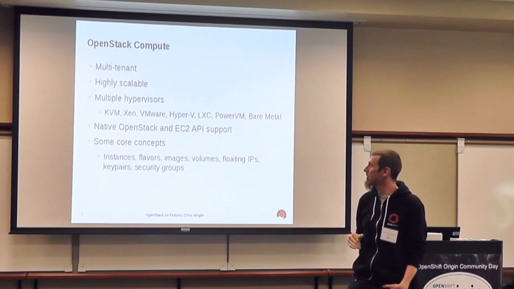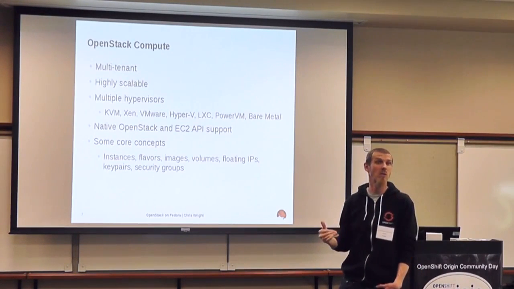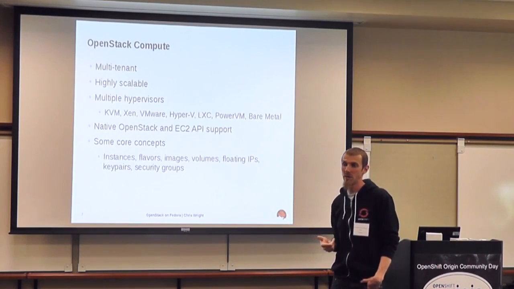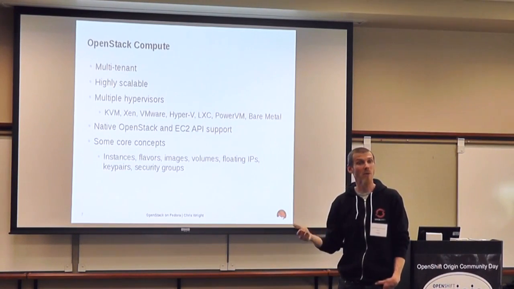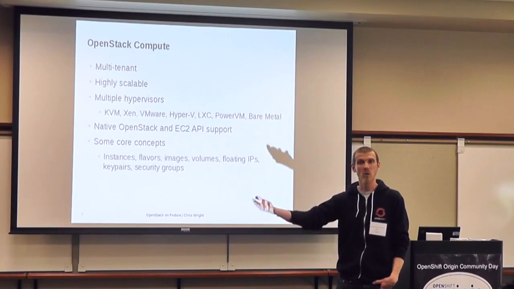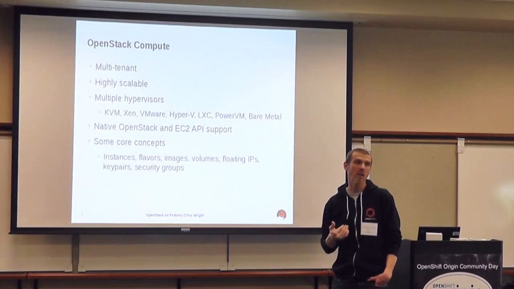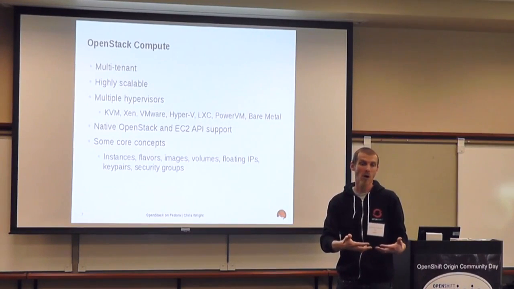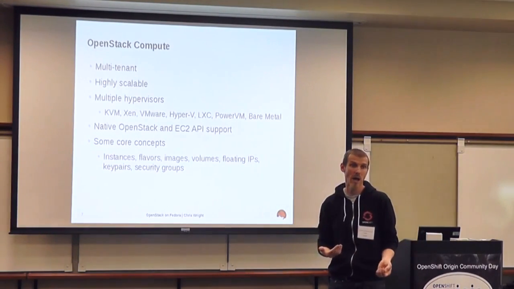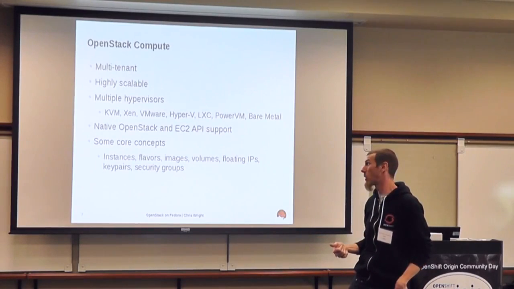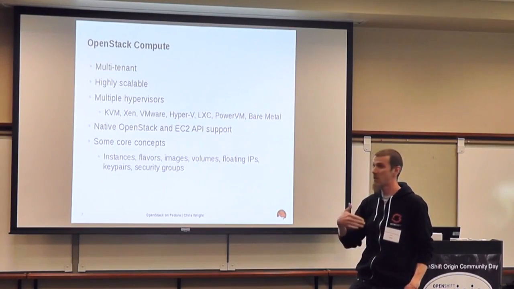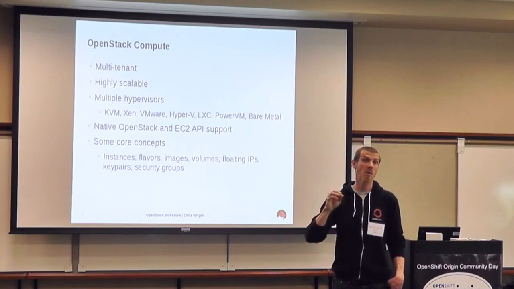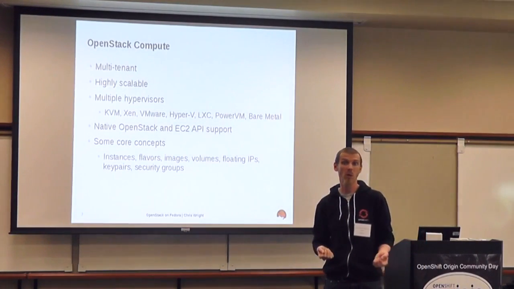Volumes, I mentioned earlier, are the block devices that can be associated with VMs and allow for persistent storage, because images are typically ephemeral. So you boot an image, you grab an image from an image repository, you run the image, and any modifications made to the image during runtime are lost as soon as that image is shut down. So you need a place to do persistent storage. Floating IPs are a way to give you a dynamic way to allocate public-facing IP addresses associated with your workloads.